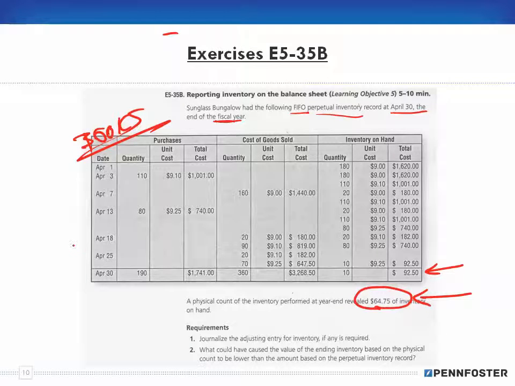It's not my physical inventory. We go out and we do a physical count and we end up with $64.75 in inventory, which is different from our books. So number one, it says journalize the adjusting entry to inventory if any is required. Well, one is going to be required, so 4/30 is the date.